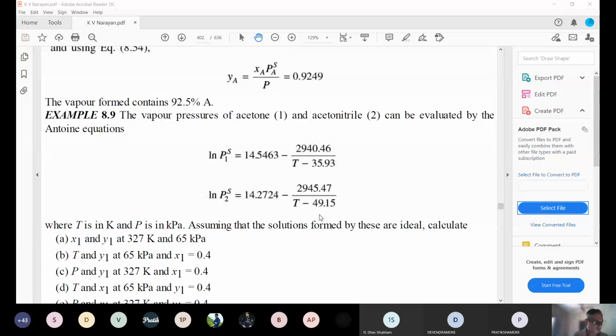Any doubts so far? किसी को क्वेश्चन है अभी before you proceed further? No, sir. क्वेश्चन है किसी को? No, sir.